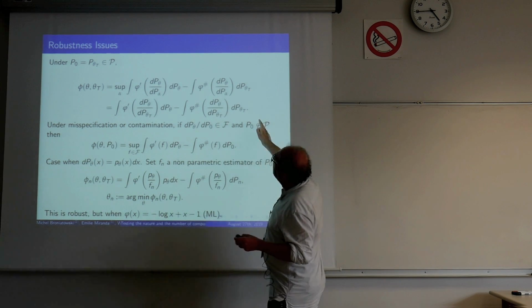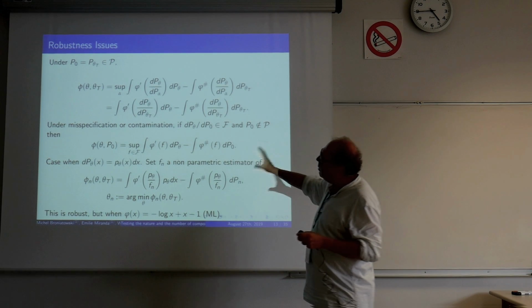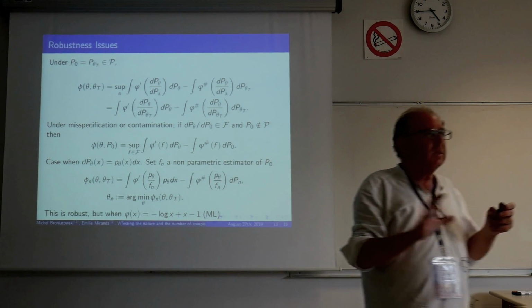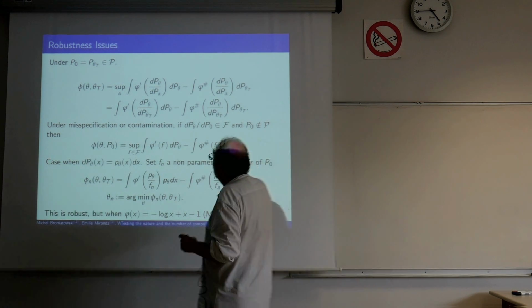Okay, so I just say one thing now. The problem for a statistician is basically what happens if the data are not exactly under p theta t. Somehow we can manage those problems of robustness.